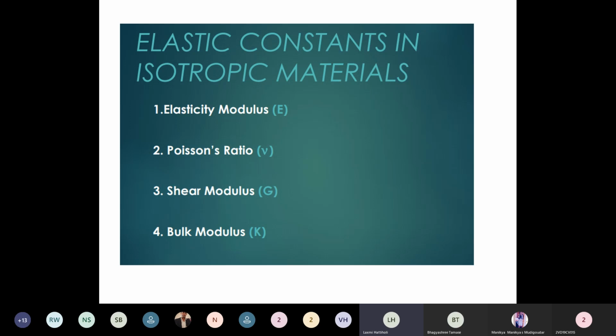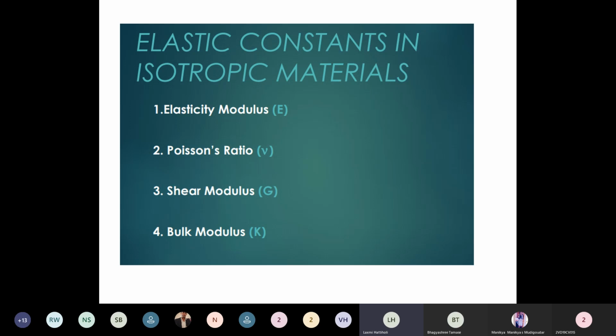If you remember, I had given you an anisotropic material example, that is wood, timber. When you test a timber specimen for compression on different sides, every side will give you a different compressive stress. That's because of the grains. It depends on how the grains are located, how the grains are distributed.